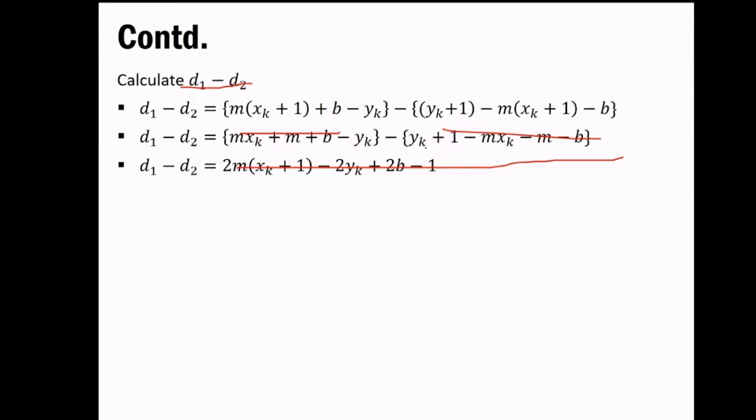Okay, this is the process. Simplify it in your book, and you have to show me this. Simplify it and you will definitely get this. Okay, so that is the simplified version of the above equation.